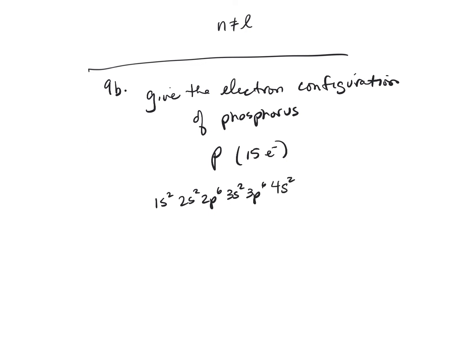In this case, you only get 15 electrons, so it's 2 plus 2 is 4, 6 is 10, 12 here, and then instead of 6 here, it'll be 3. So for phosphorus, it'll be 1s2, 2s2, 2p6, 3p3. Okay? Nope, I forgot one.